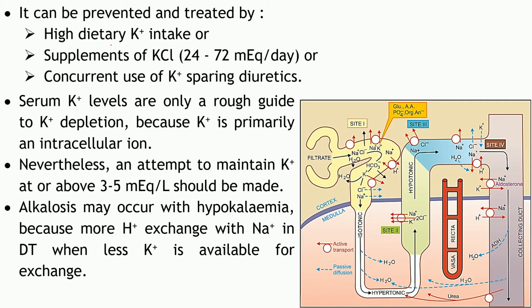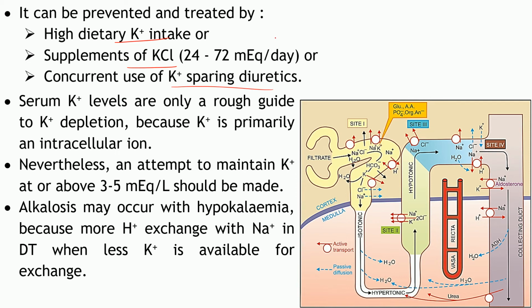You can increase the dietary intake of potassium ions, or give supplements of potassium chloride, or use potassium sparing diuretics concurrently. We'll discuss what these potassium sparing diuretics are. These mainly prevent the loss of potassium in the urine, so these are combined along with the high-ceiling as well as medium efficacy diuretics.